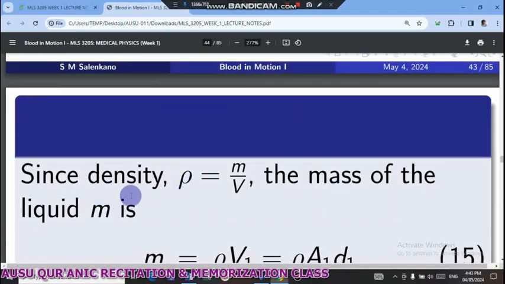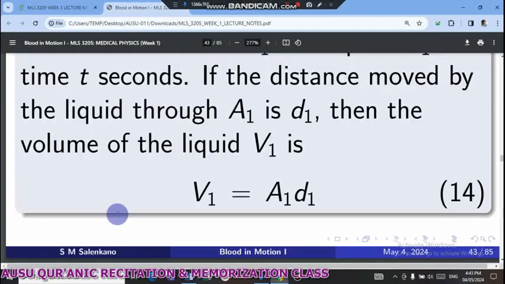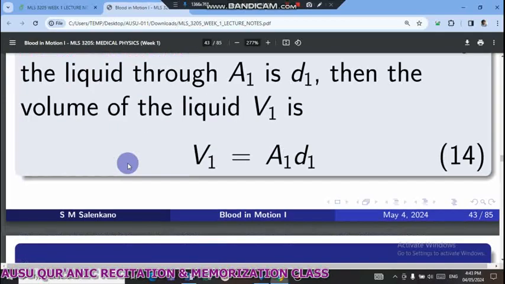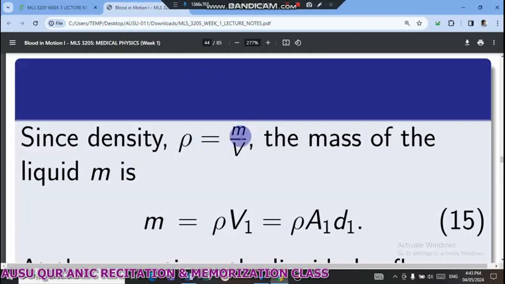Again, we also know that the density of any substance is the mass of the substance divided by the volume. So the mass of the liquid M, the entire mass of the liquid that we have in this region, we can look at it here. From this equation, we know that mass is density times volume.